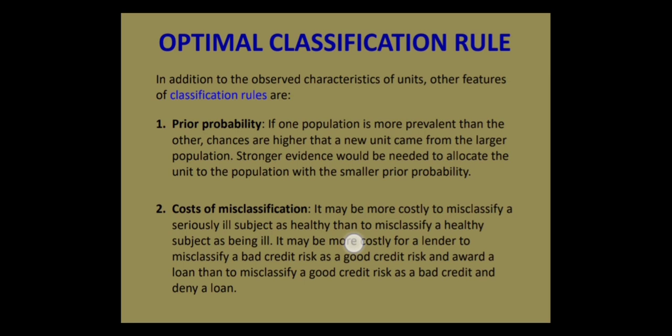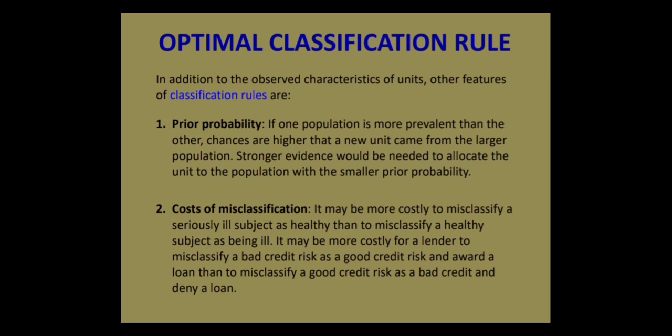Okay, before this I mentioned that the cost of misclassification should be small, and also actually the prior probability should be large. Okay, so if one population is more prevalent than the other, chances are higher that a new unit or new observation will come from the larger population because that population is more prevalent.